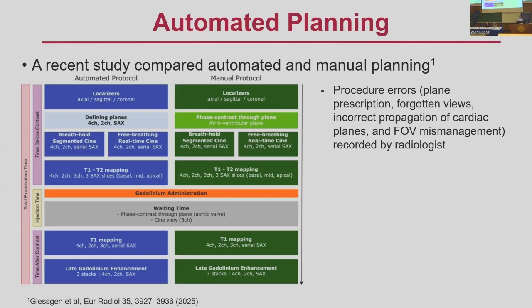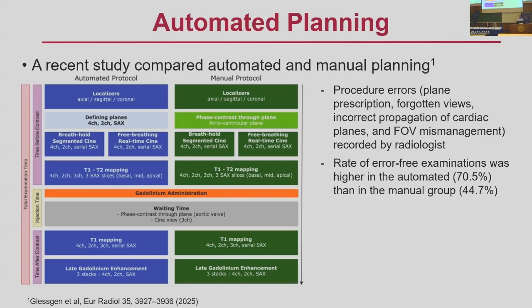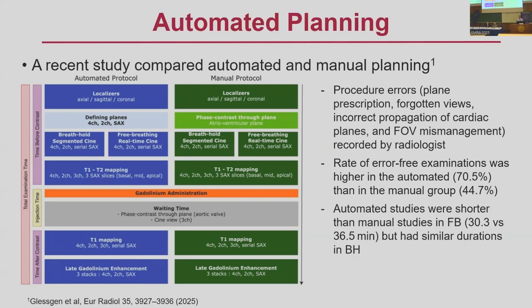So the quality was measured by what was classified as procedure errors. These were forgotten views, incorrectly propagated planes, and a field of view that was misaligned or misassigned, and the radiologist recorded each of these. What they found was that the automated planning was actually better, improving the rate of error-free examinations.